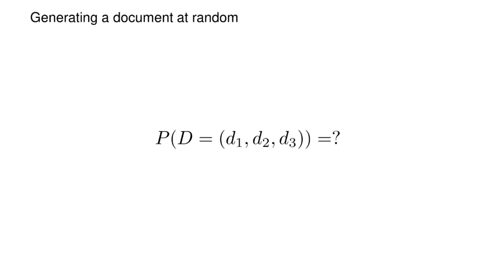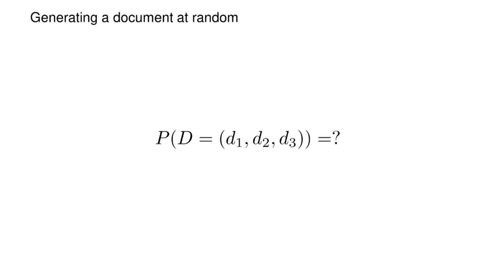So it's just a mathematical variable. They could stand for any words. For example, it could be information retrieval lecture, right? d1 is information, d2 is retrieval, d3 is lecture. So what is the probability of generating this document with the unigram model? And in this order, right? d1, d2, d3.